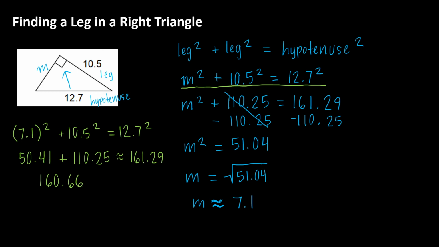It's pretty close to 161.29. So I would count this as a win here. We solved this equation correctly. We just had to estimate a little bit. If you round to the nearest hundredth instead of the nearest tenth, you're going to get a more accurate answer.